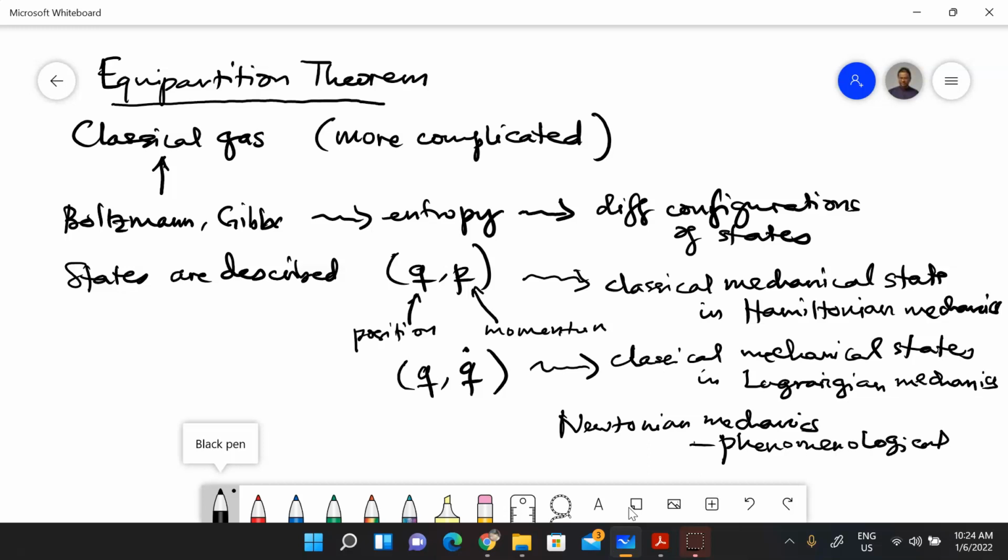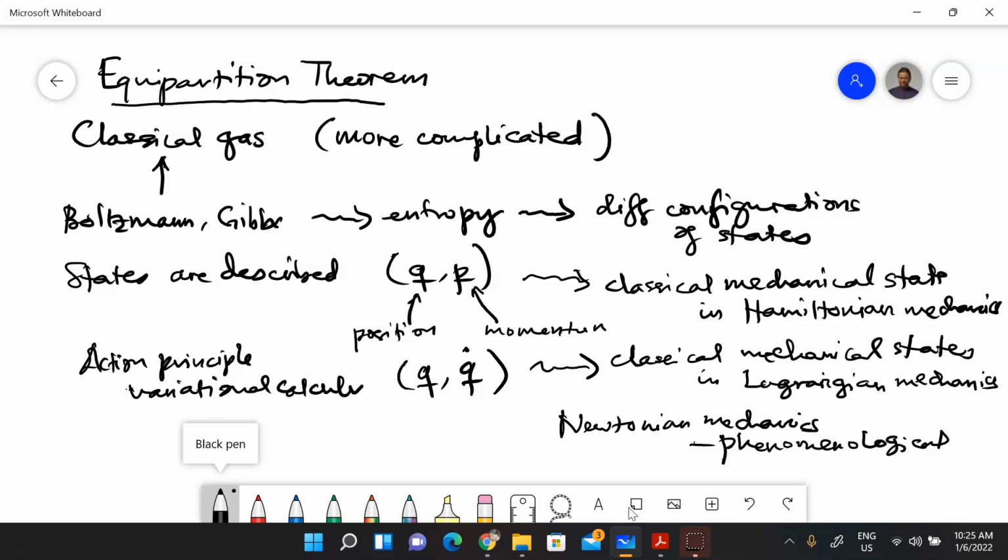The Hamiltonian mechanics and the Lagrangian mechanics come about through a very important principle called the action principle, which is something that you should learn in variational calculus.